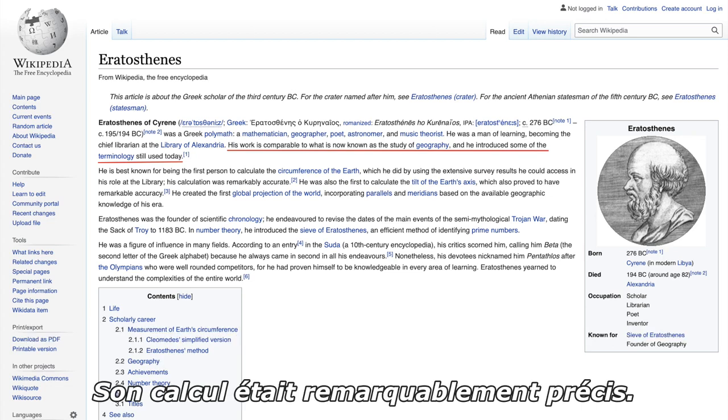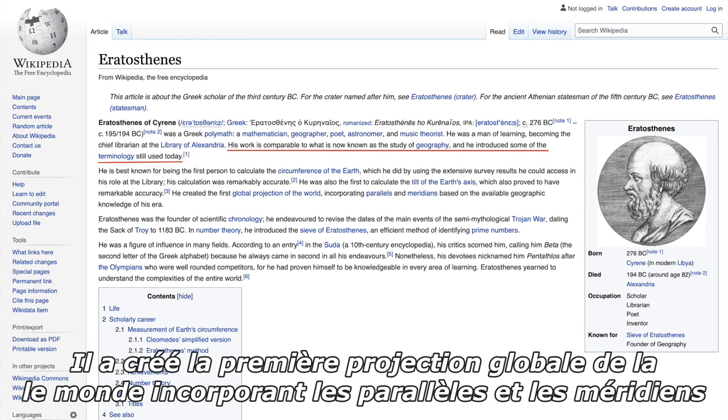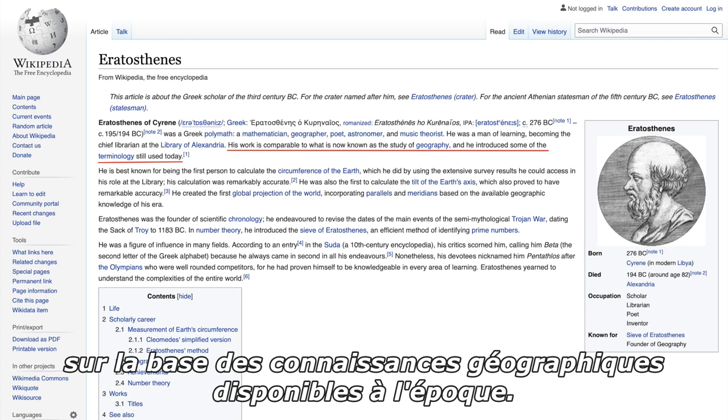His calculation was remarkably accurate. He was also the first to calculate the tilt of the Earth's axis, which also proved to be remarkable. To have remarkable accuracy. He created the first global projection of the world, incorporating parallels and meridians based on the available geographic knowledge of his era.